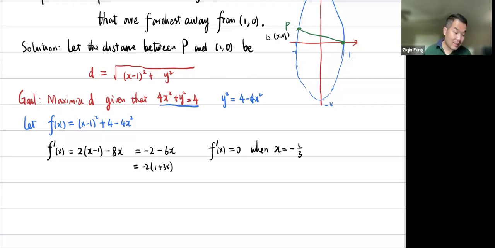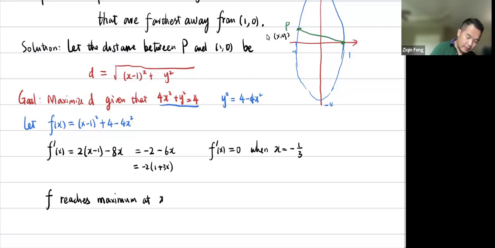When x is less than negative 1/3, this derivative is positive, right? Which means the function is increasing. And when x is greater than negative 1/3, the function is decreasing. So f of negative 1/3 is a maximum, right? So f reaches maximum at x equal to negative 1 over 3.